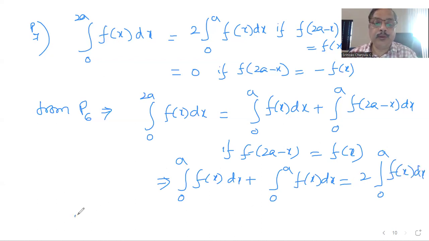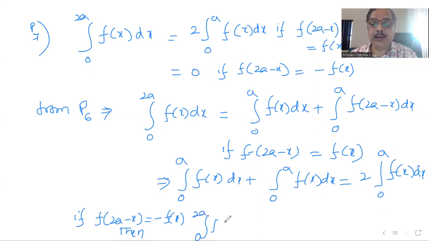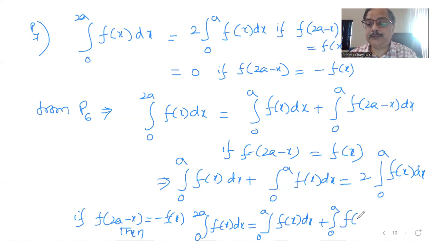Now, if f of 2a minus x is minus f of x, then integral 0 to 2a f of x dx is equal to integral 0 to a f of x dx plus integral 0 to a f of minus f of x.